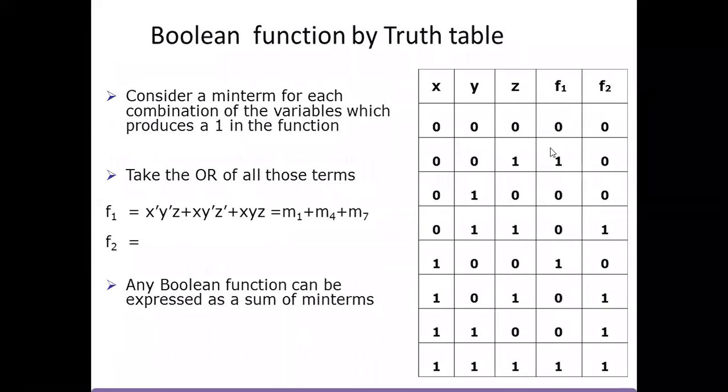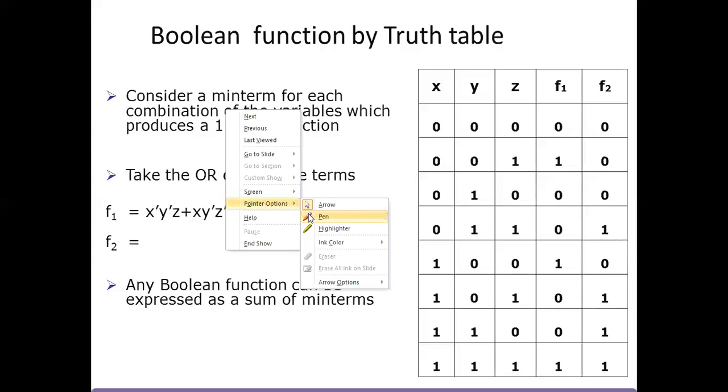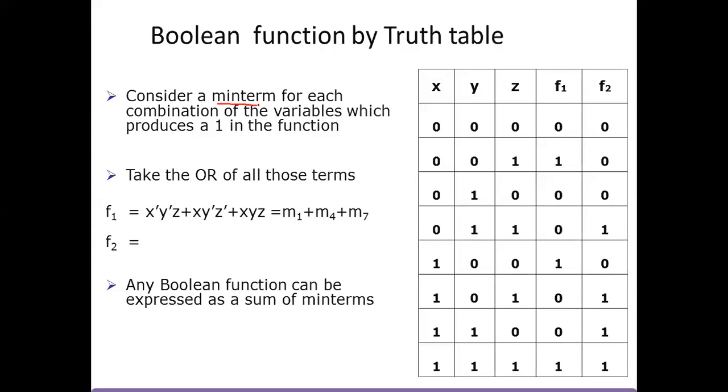There are two outputs given here, and you are asked to write expressions for the two outputs F1 and F2. F1 is written for you, and F2 you have to write. If you look at F1, you are asked to write the min terms. So for F1, to write the min terms, you have to consider all the ones.